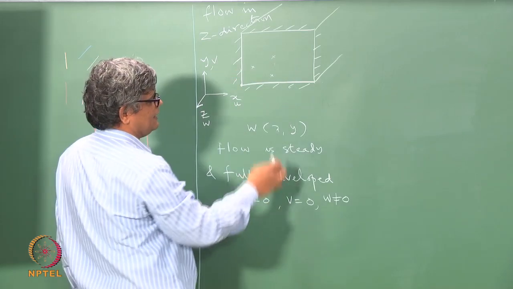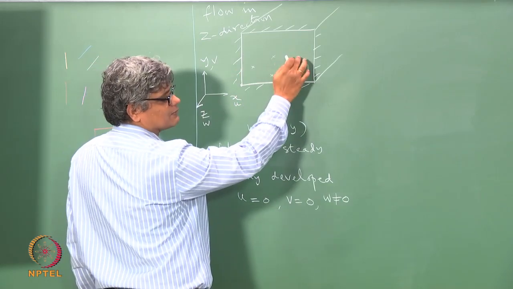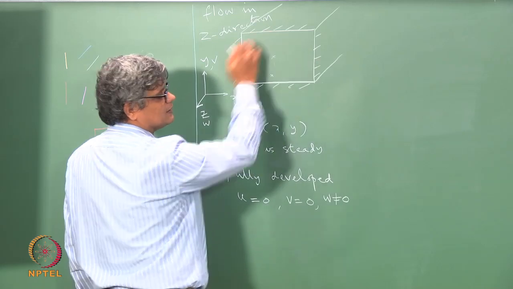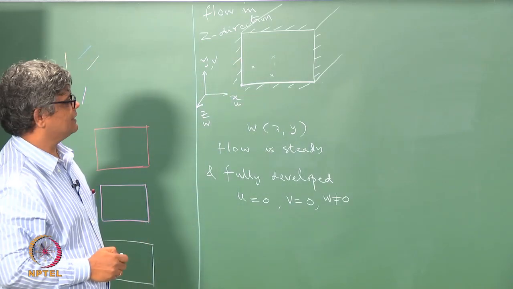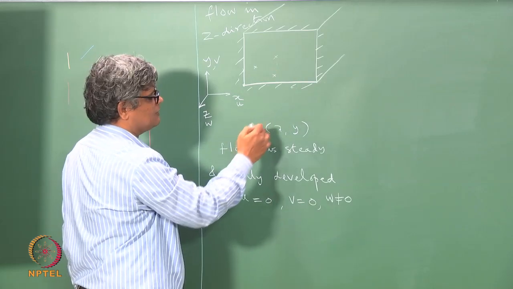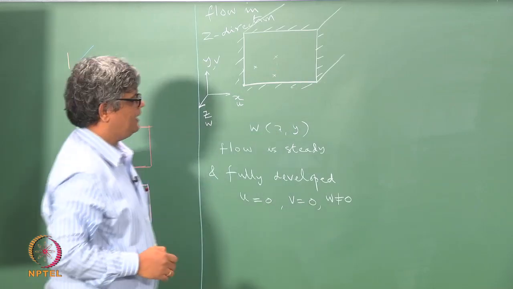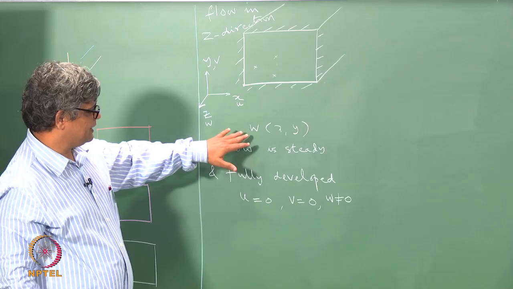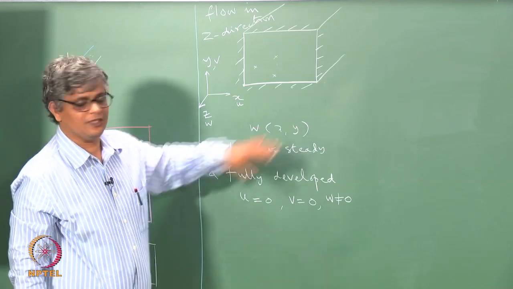So, that means that depending on what the xy location is of the point within this rectangular flow domain, the w component of the velocity is expected to be different at different x and y. Therefore, we say that w is a function of x and y.